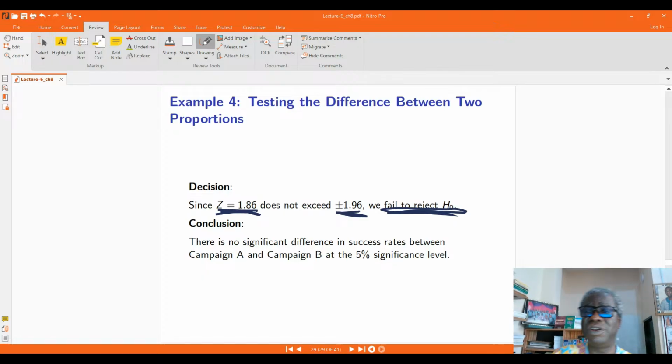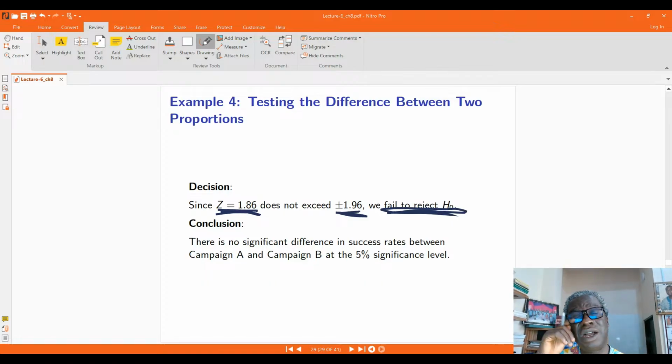And again, what that means is that the evidence in the data overwhelmingly supported the claim in the null hypothesis. So there is therefore no significant difference in success rate between market A and market B at 5% significance level.